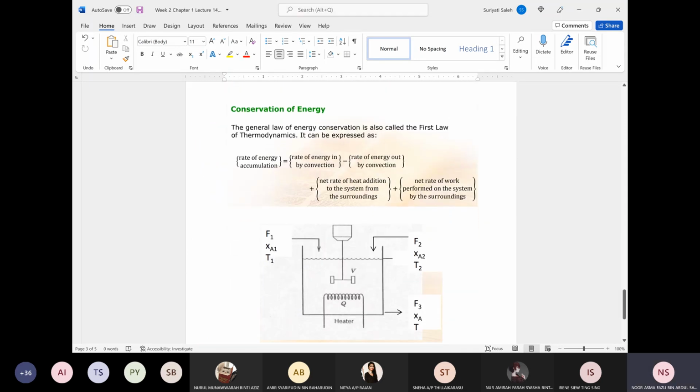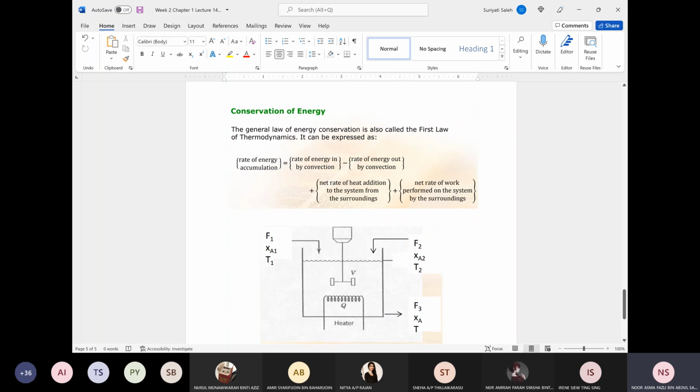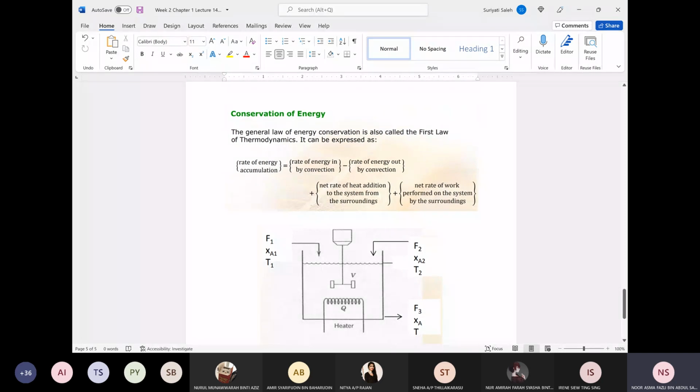So now we want to concentrate on the conservation of energy. Looking at the given equation, the rate of energy accumulation is equal to the rate of energy in by convection minus the rate of energy out by convection, plus the heat addition from the surrounding plus the net rate of work.